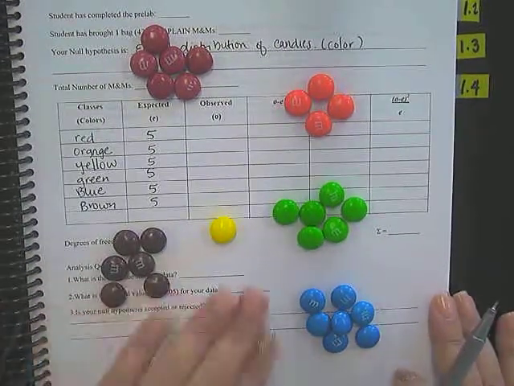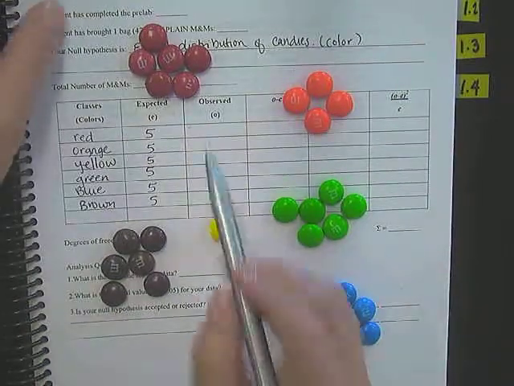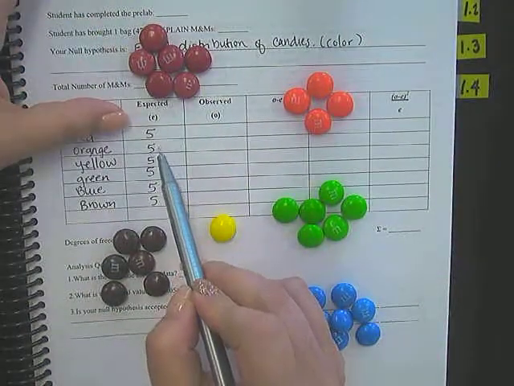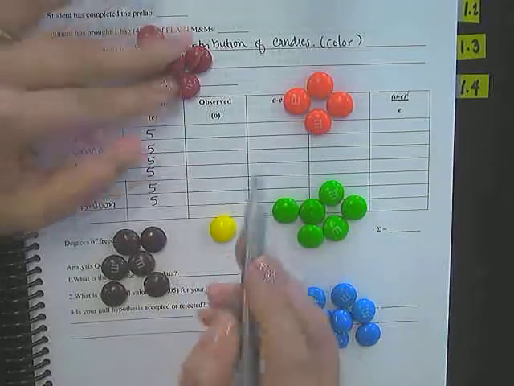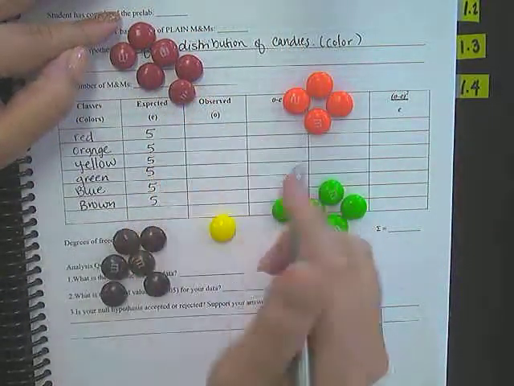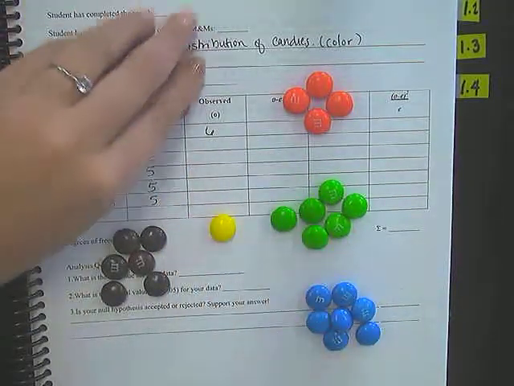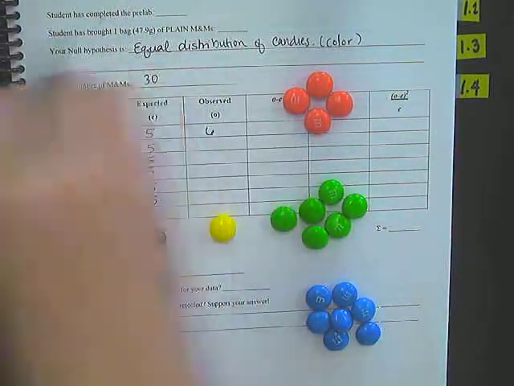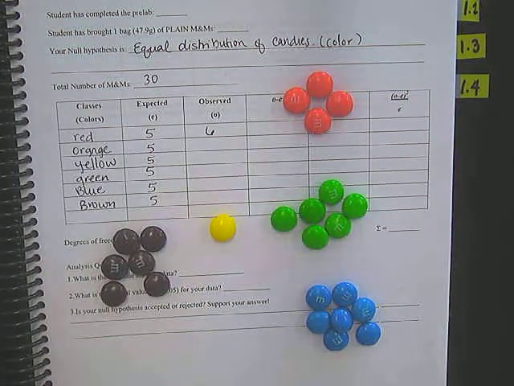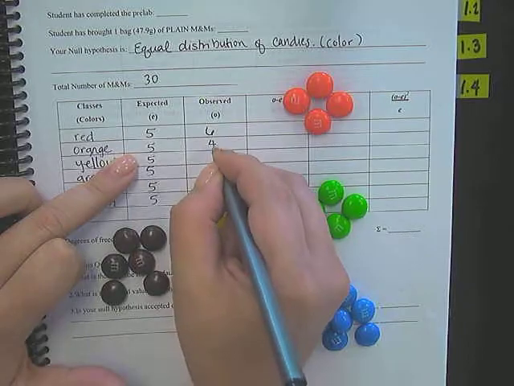But you can't just state that without having your chi-square analysis to back it up. So what you do is you take the number of actual M&Ms or Skittles that you were given, and again, we expected 5 of each color, and we count up how many there were in the actual cup. For red, we are observing 6. For orange, we were expecting 5, but we observed 4.